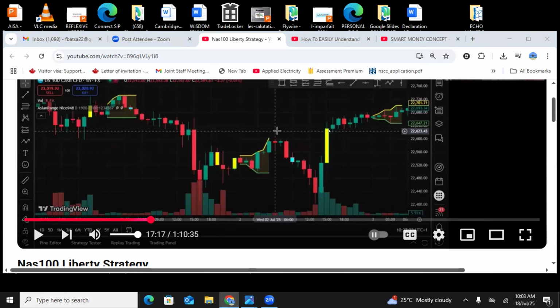But where we were actually expecting the first one, that first Asian range, a fake out would have been like this: the red candle did a breakout to the downside and suddenly reverses.